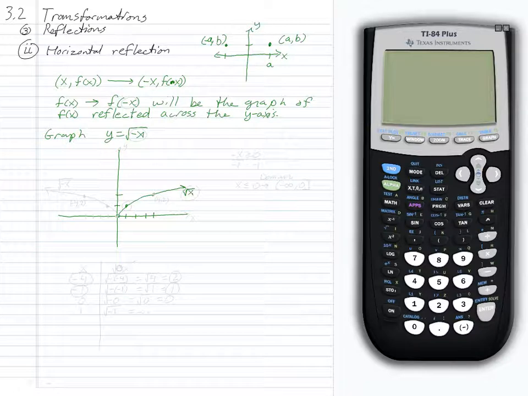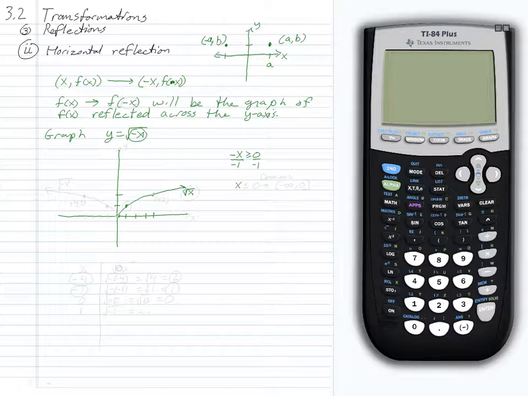Now the square root of negative x, just to take a side trip, this graph has a domain when negative x is greater than or equal to 0. So remember, whatever is inside cannot be negative with these radicals. Now dividing by a negative, or multiplying by a negative, flips our inequality sign.